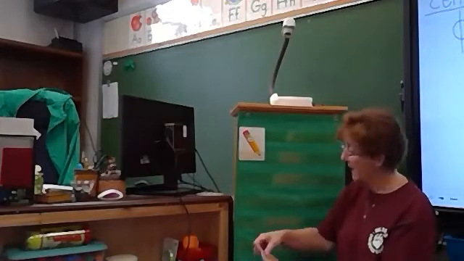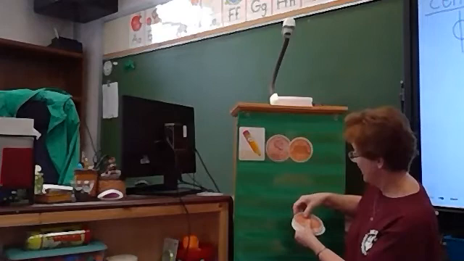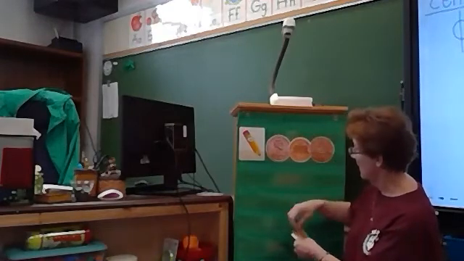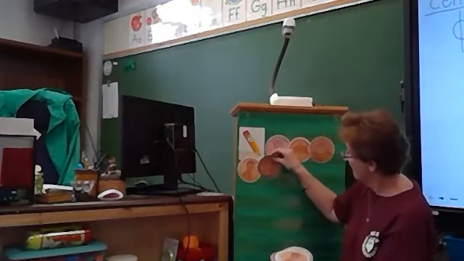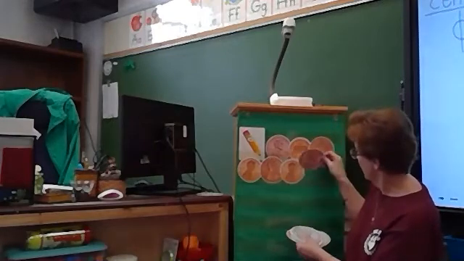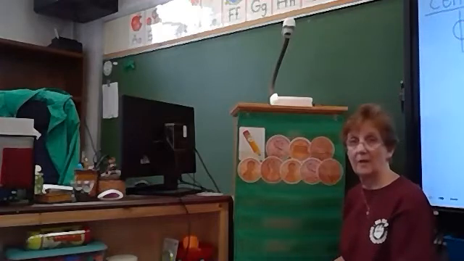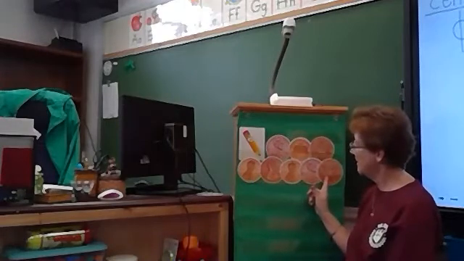Well, you're right. 8 cents could be 8 pennies. 1, 2, 3 cents. 4 cents. 5 cents. 6 cents. 7 cents. And 8 cents. Okay? I have 1, 2, 3, 4, 5, 6, 7, 8 pennies.